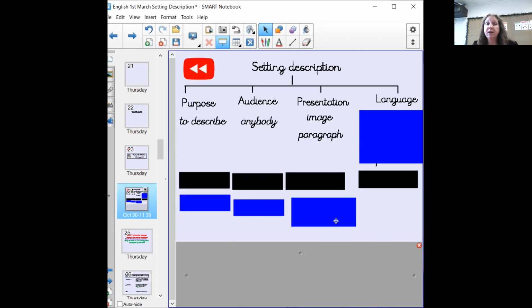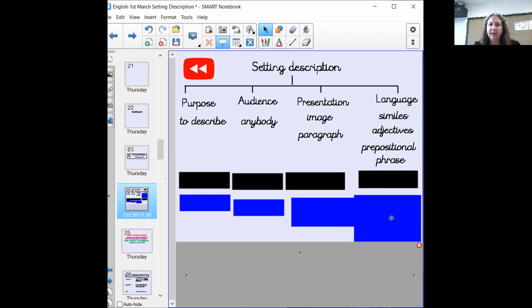A setting description is presented with an image and then the information, our writing in a paragraph. And our final one is language. When we are writing a setting description, what sort of language would we need? We would use similes, adjectives, and prepositional phrases.